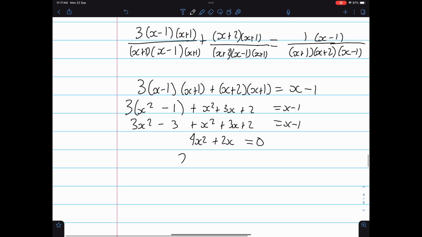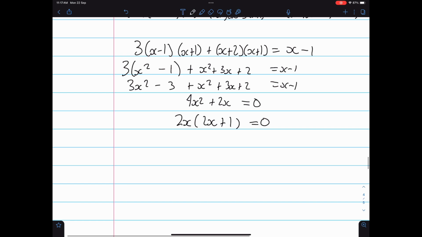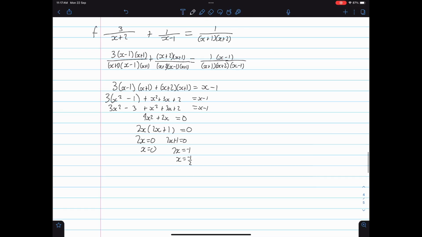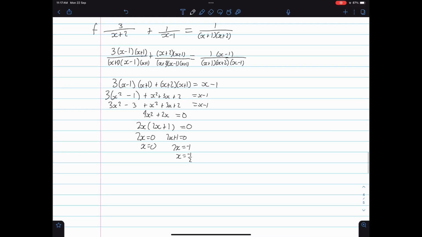And if we factor this out, so 2x equals 0, x equals 0, or 2x plus 1 equals 0, 2x equals minus 1, x equals minus 1/2. That's our answer.